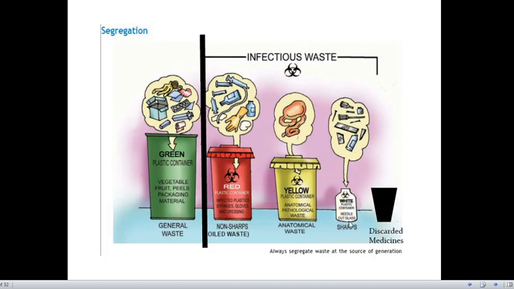And for the white plastic, we will put sharps that include needles and cut glasses. And in the black, we will discard medicines that are of no use. So that is how you remember the type of waste that you have to manage, or that you have to segregate.